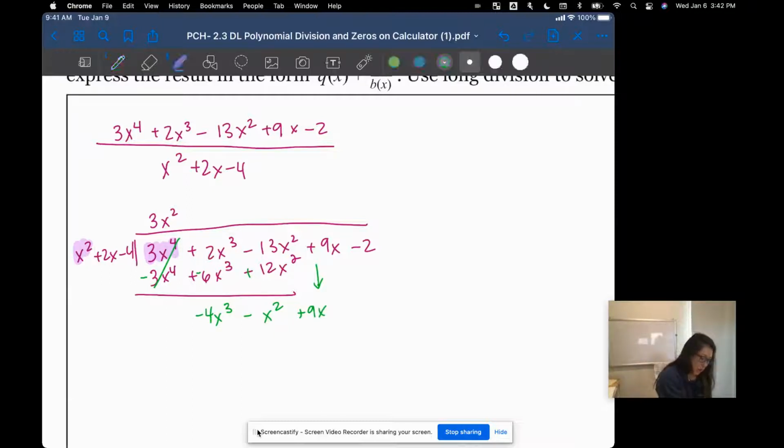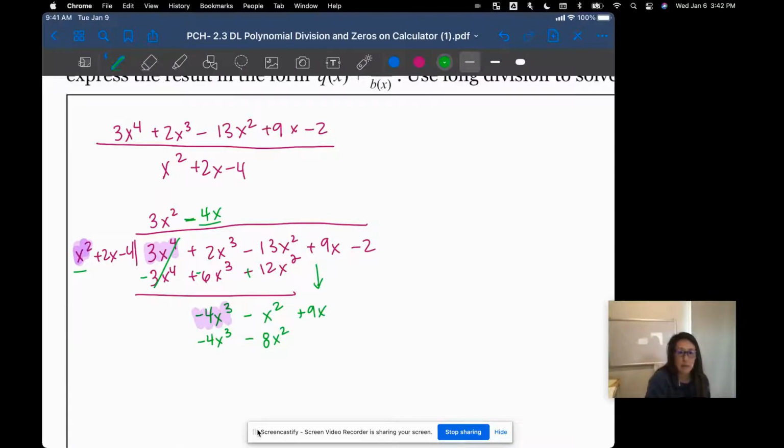Okay, we're going x squared into negative 4x cubed now. So I need a negative 4, and then I'm missing one x. So negative 4x times x squared gives me negative 4x cubed. Negative 4x times 2 gives me negative 8x squared.